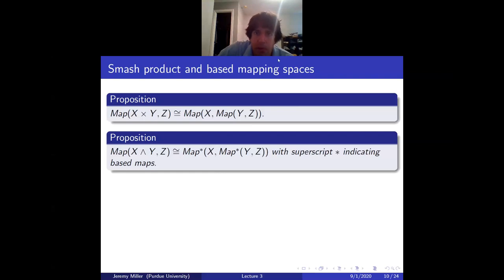So basically if you use base mapping spaces instead of regular mapping spaces, then you have the same properties, except you replace Cartesian product with smash. Because as I said, smash is the correct product in the base case.